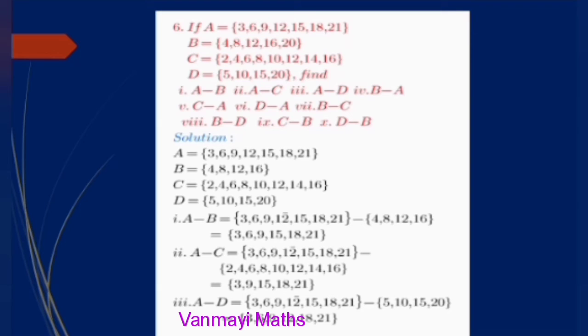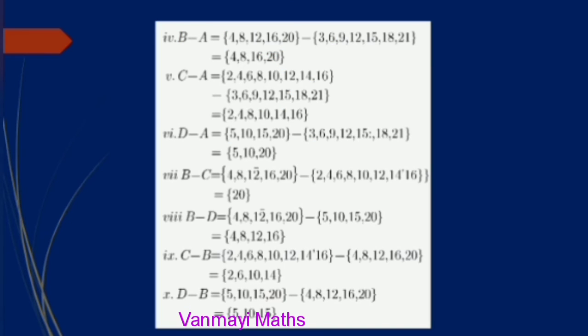So we have to cancel the common elements and write down the A elements only. So 3, 9, 15, 18, 21. A minus D also gives 3, 6, 9, 12, 18, 21. Here 15 gets cancelled. In the same way, B minus A gives you 4, 8, 16, 20.